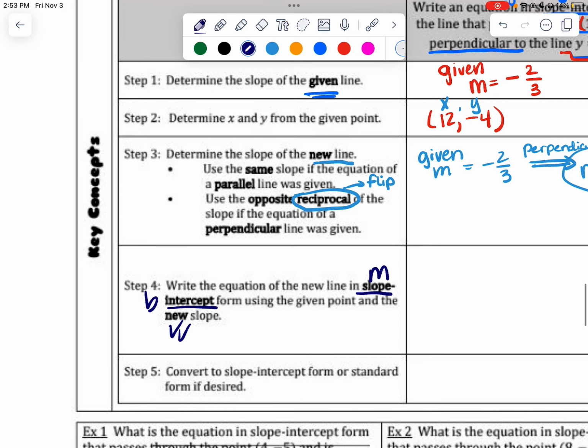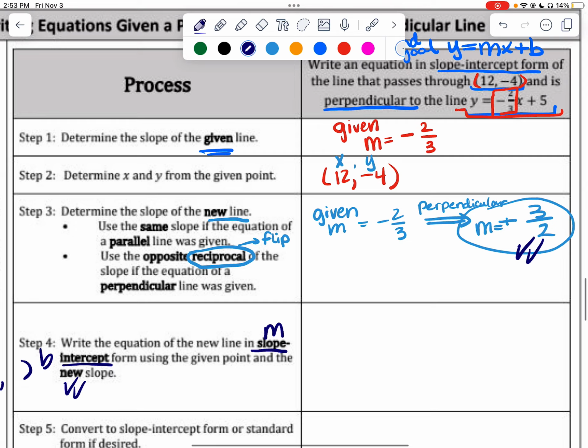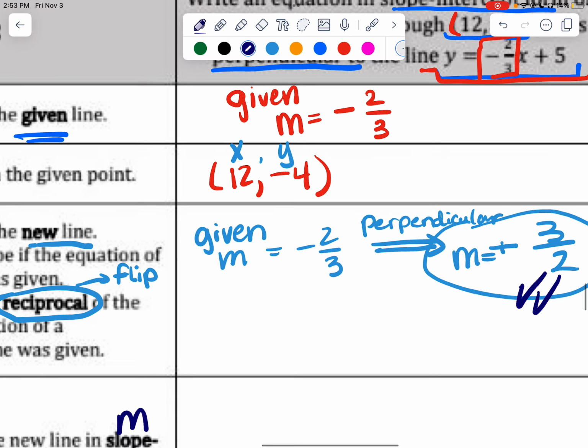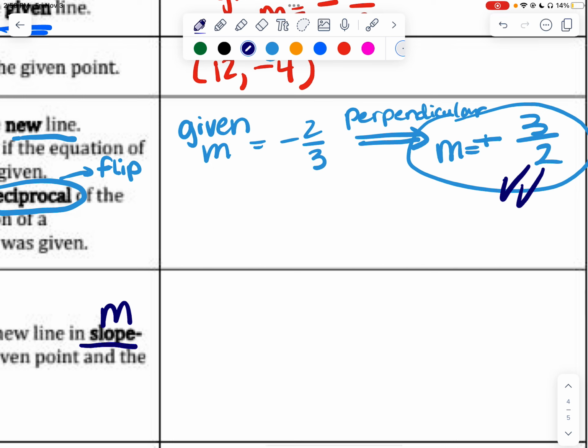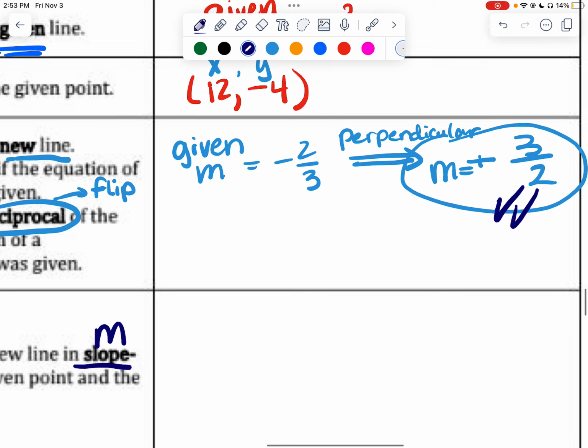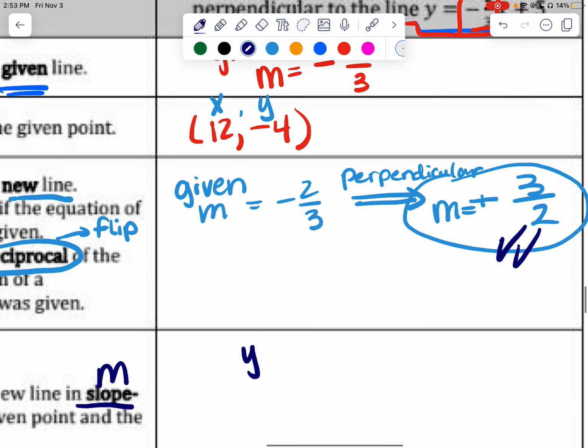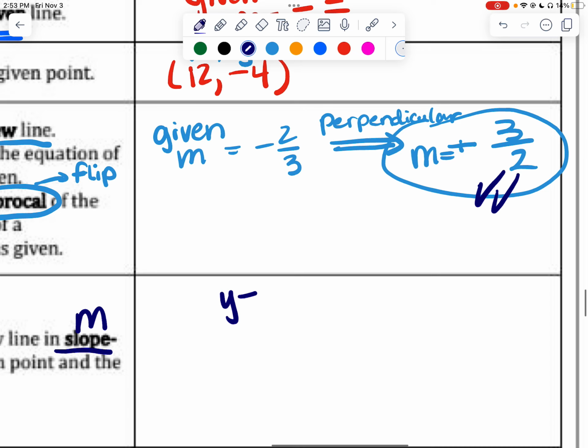But y-intercept always looks like 0, comma, something. And the given point is not 0, comma, something. So I can't just put this into y equals mx plus b form. I'm actually going to start with my point slope form. I just have a random point. If I just have a random point, I'm going to put it into point slope.